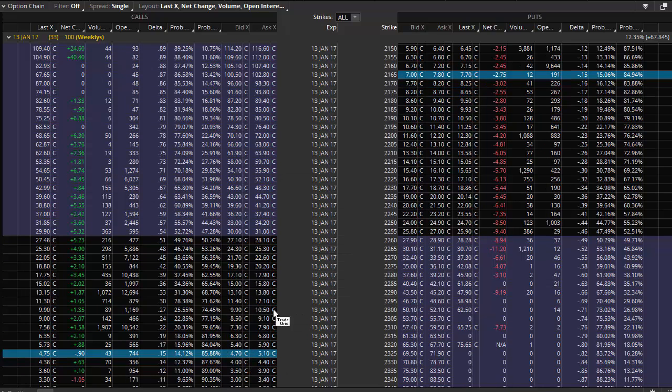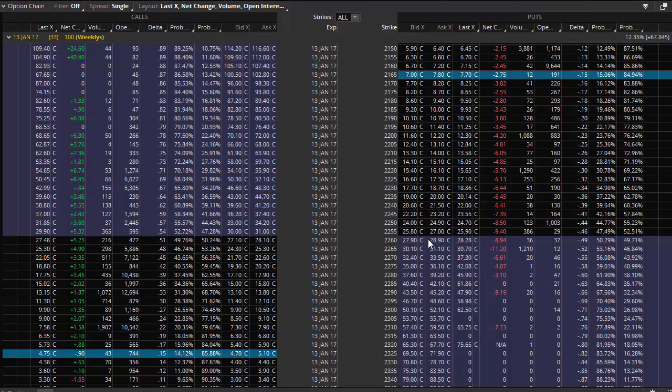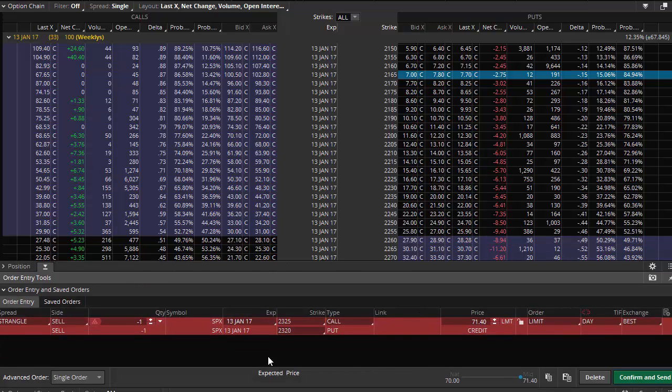I have my call strike right up here at 23.25 and my put strike right down here at 21.65. Now to open this strangle, I would simply right click on the short call chain right here and then go to sell because this is a short options position, and then I could go to strangle right here and out pops this window.